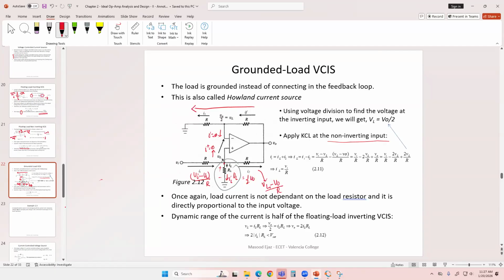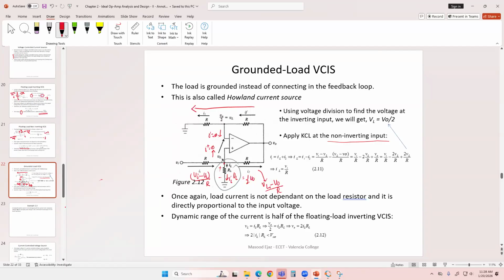That's what we are doing over here. So V input over R minus VL over R minus VL over R, so minus 2 VL over R, plus V out over R. We are changing V out to 2 times VL, so our equation is in terms of V input and VL in this case.